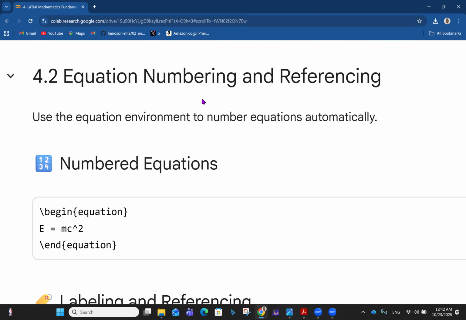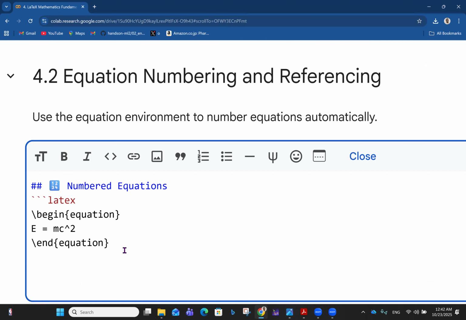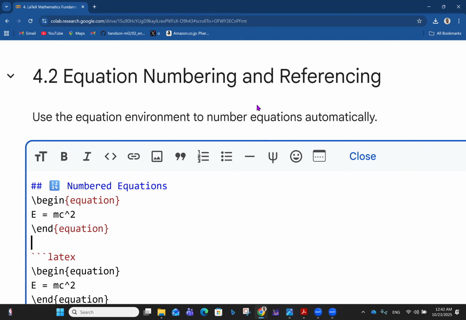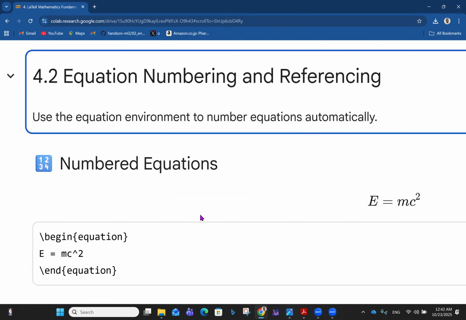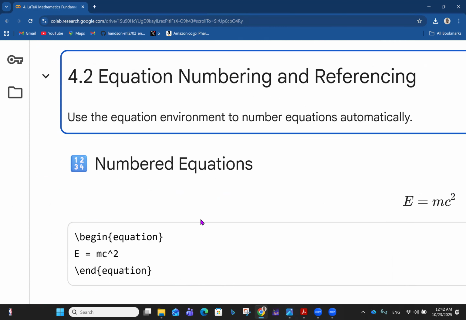So let's talk about equation numbering and referencing. Use the equation environment to number equations automatically. Because I put this in a formatted LaTeX environment, you won't see the equation number, but let me put it above this so that it can actually work here. So you see the equation.